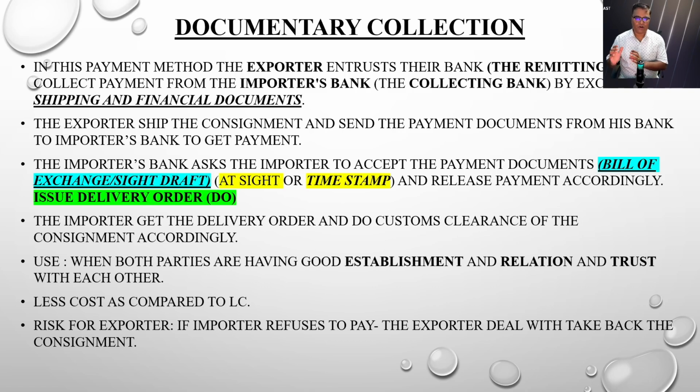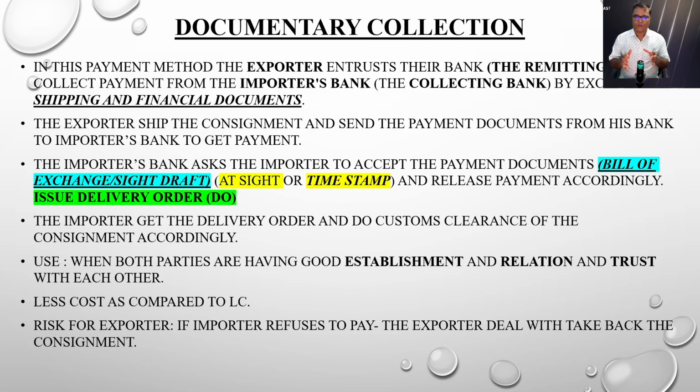The exporter ships the material as per the contract and provides shipping details to the buyer also, and the buyer starts the processing of customs clearance, etc.